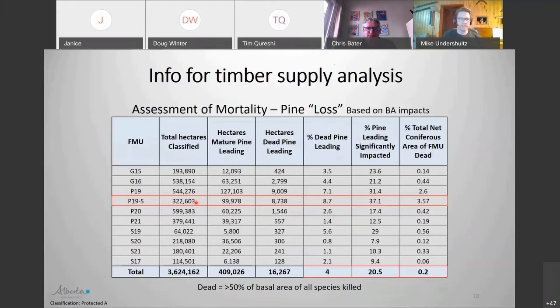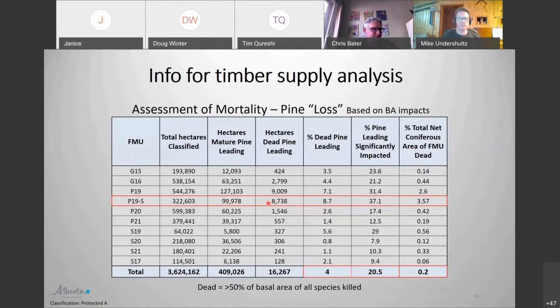But of that we photographed, there was almost 100,000 hectares of mature pine leading, so pine-dominated stands. And when we looked at the analysis that we'd done with the remote sensing, we knew that 8,700 of those were dead. So they met that 50% basal area impact criteria.